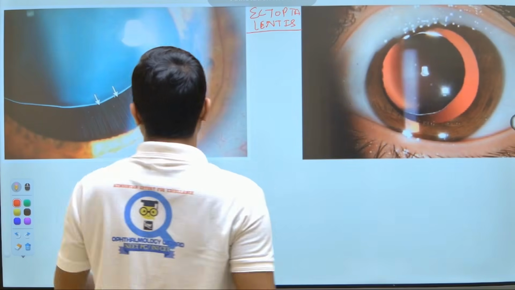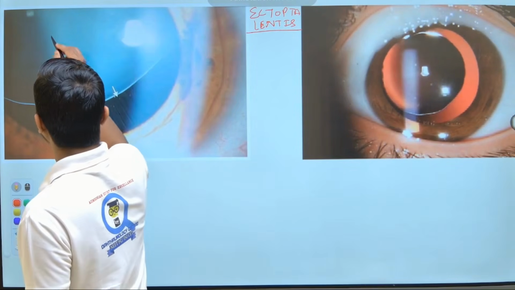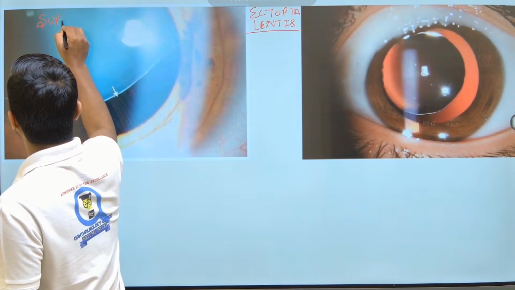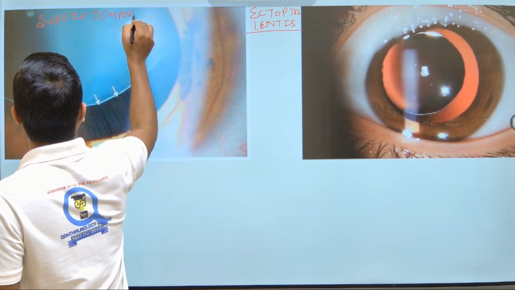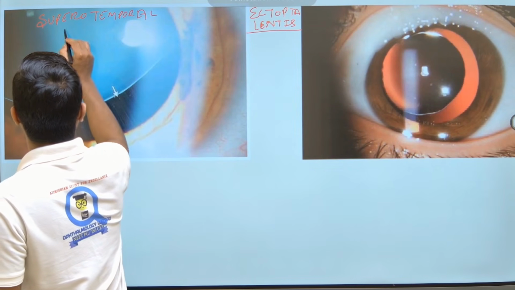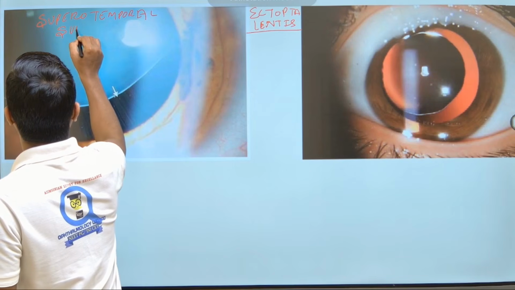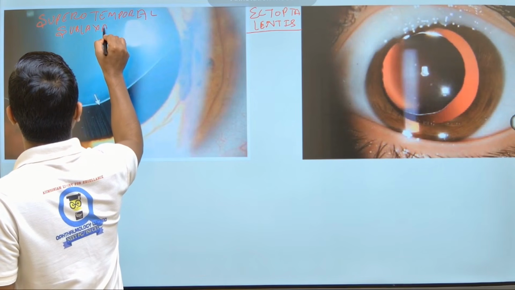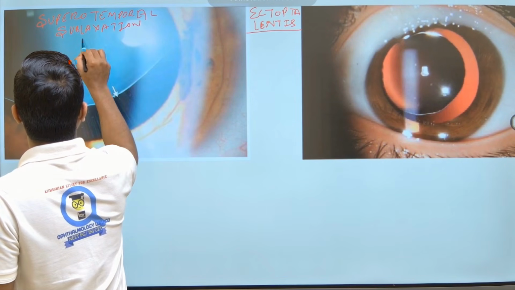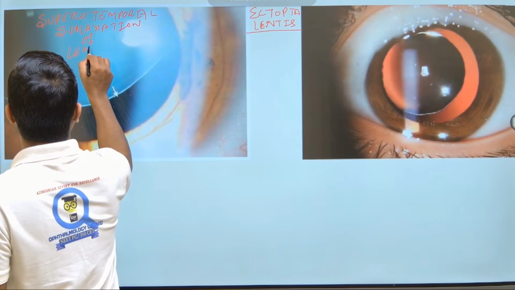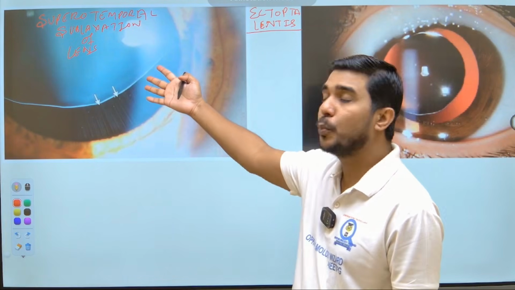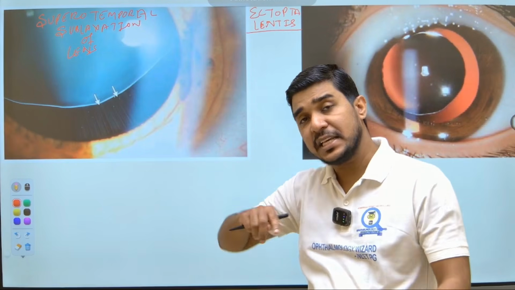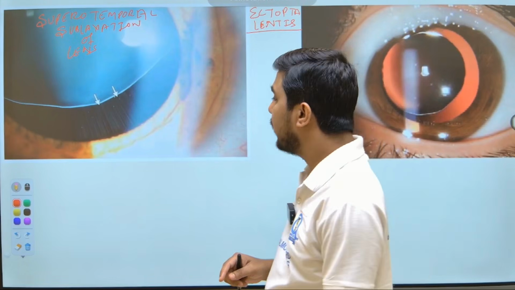You can see here there is a superotemporal subluxation of the lens. This type of superotemporal subluxation of the lens is seen most commonly in which condition?